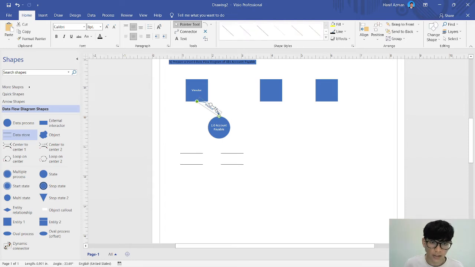And this arrow we call the data flow, the movement of data among processes, stores, sources, and destinations.